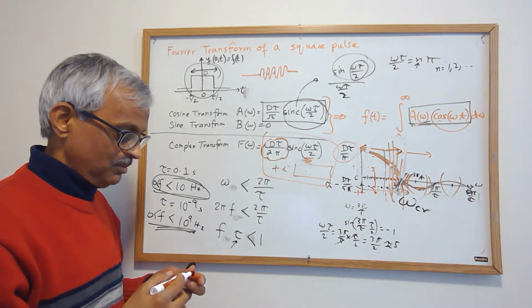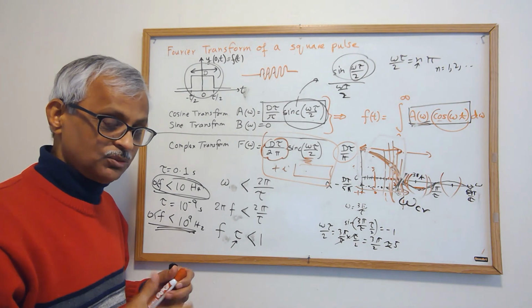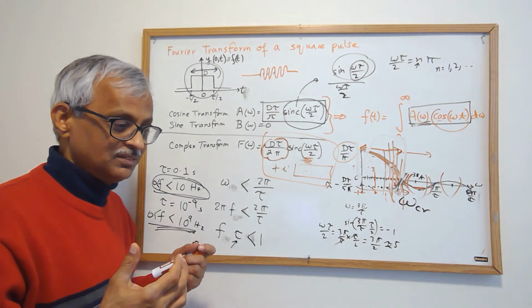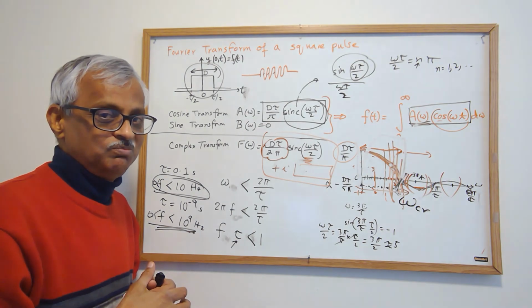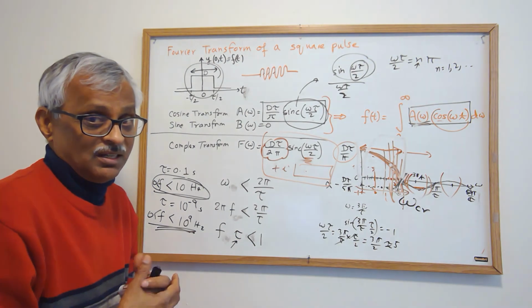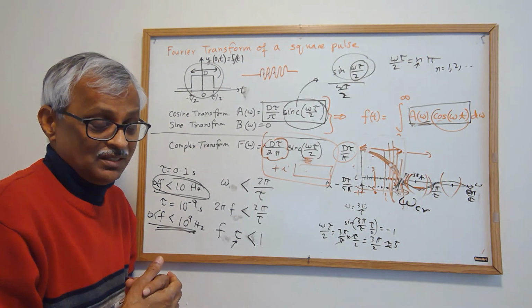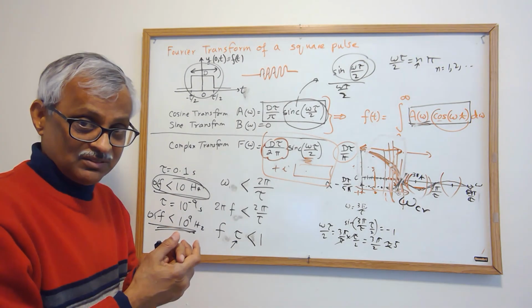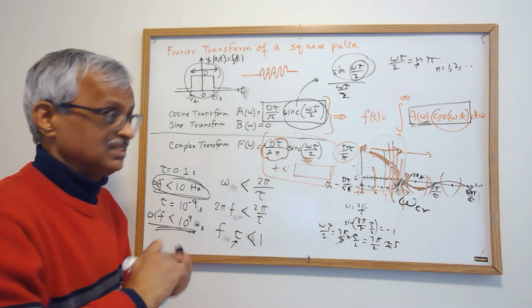But what if you have 10 to the 14 hertz and you turn it on only for 10 to the power minus 13 second, which no circuit does, but suppose you could do it, you'll have only 10 of these periods. Yes, okay, 10 to the 5 periods in the first case.